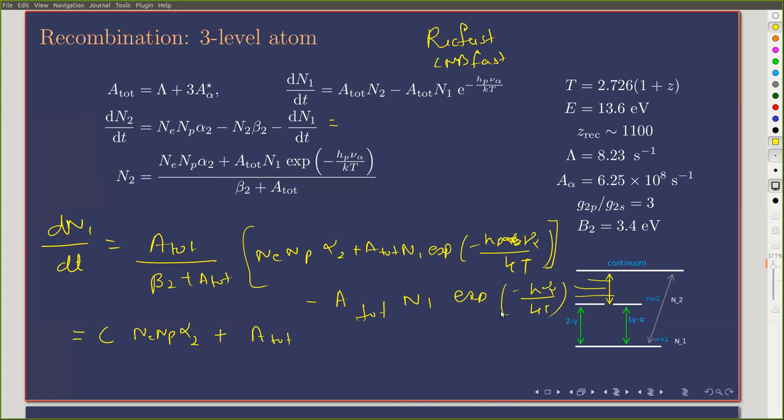So now this is also a function of n1, so we have n1 times C, A total, exponential. And this one, n1 is already taken care of, so this is A total exponential, C also.